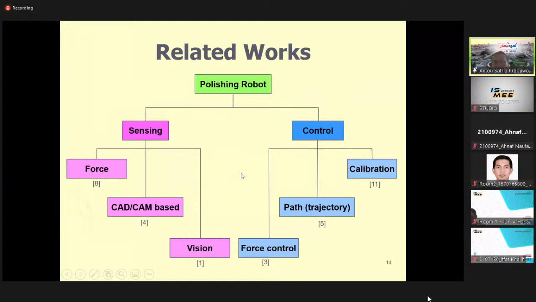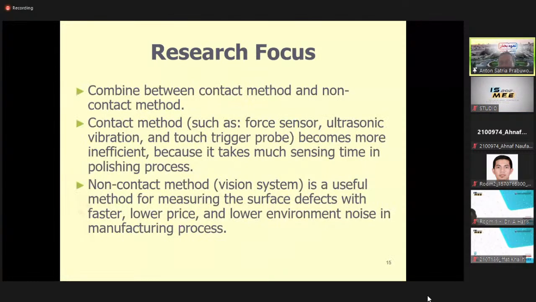So force is considered as destructive testing, and vision as non-destructive testing. Because when we sense the force, we have to put the specimen on top of the sensor. So we combine both methods, contact and non-contact. For the contact method, we use a force sensor, but it is actually inefficient, because it takes much time in the polishing process.